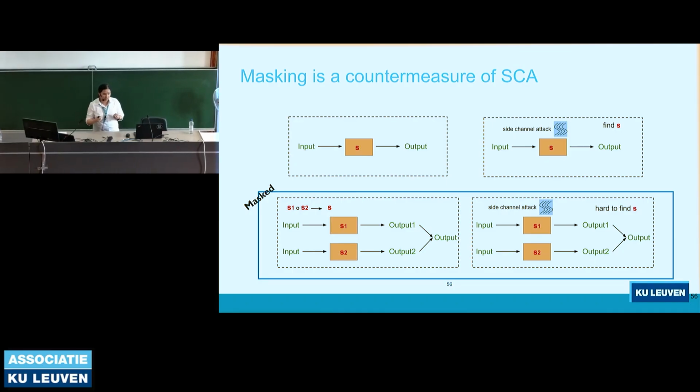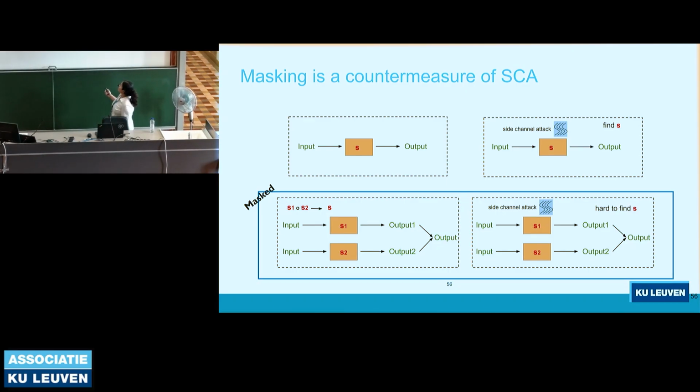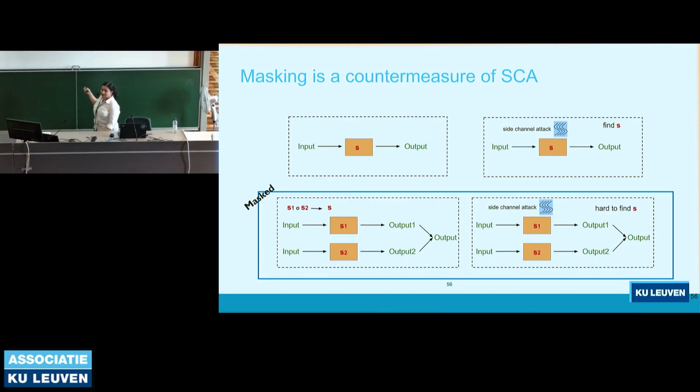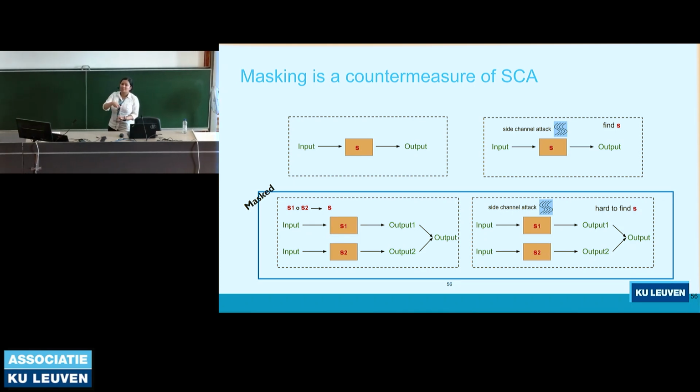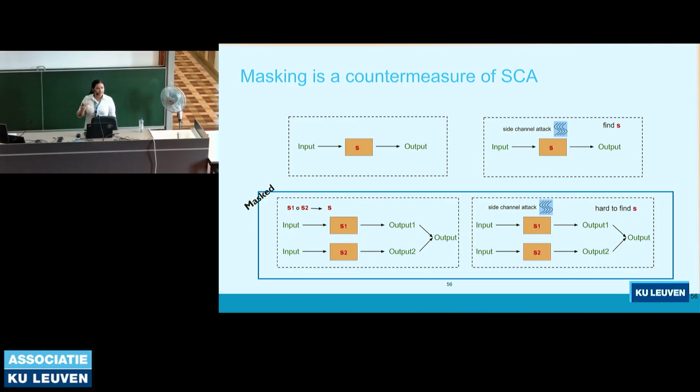Unless we get both of them, we cannot recompute S, because S1 and S2 are independent, and to do an attack we need both of them. We can still attack it, but we cannot do the first attack that was described here. To attack this version, we would require 2 probes, where we can get both S1 and S2, and then we can actually get the whole S.